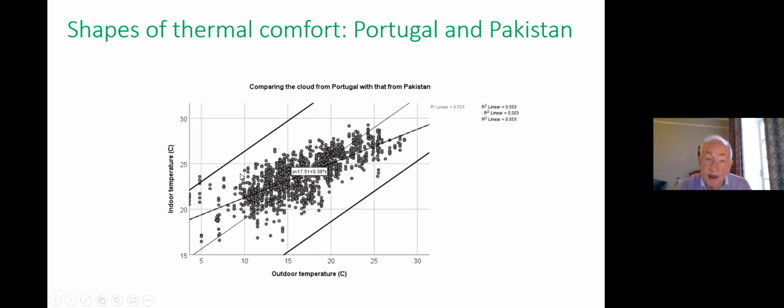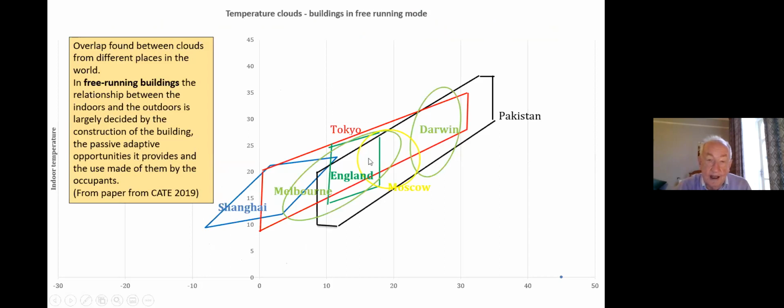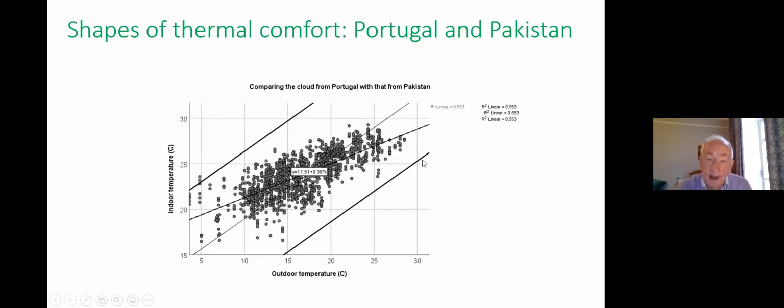And you can see that the Portuguese data falls almost entirely within the Pakistan cloud. In Pakistan, the temperature variation at any one time can be as much as 15 degrees, but it's smaller in Portugal, but it's within the same area.